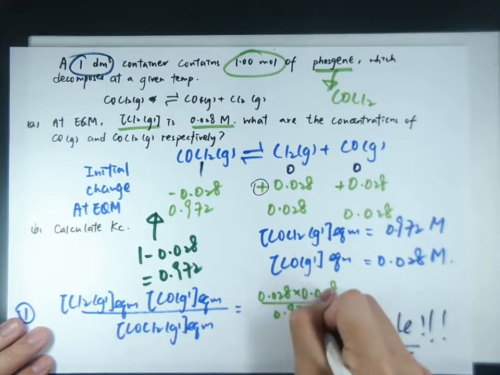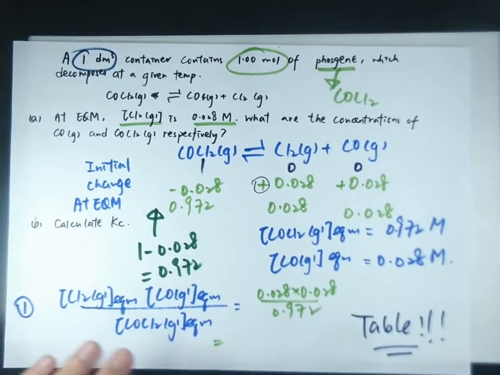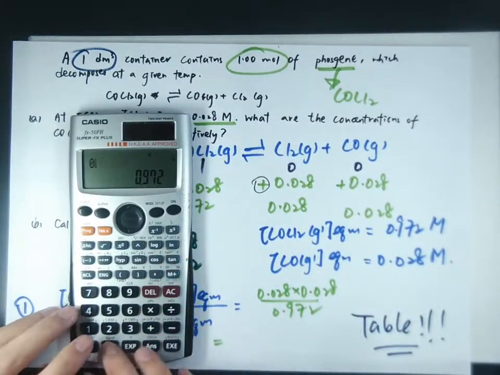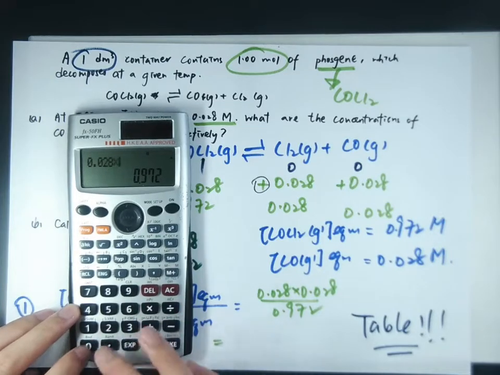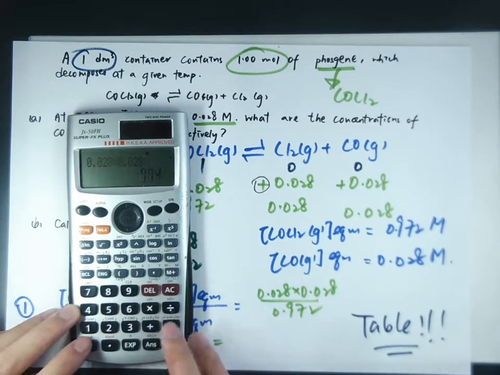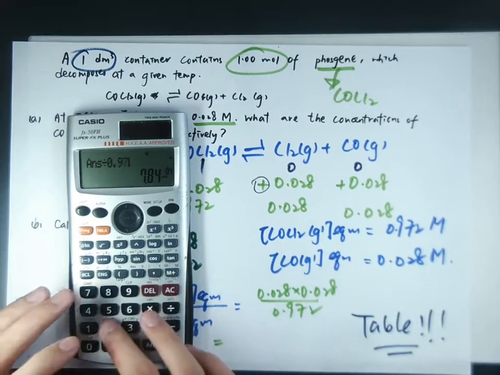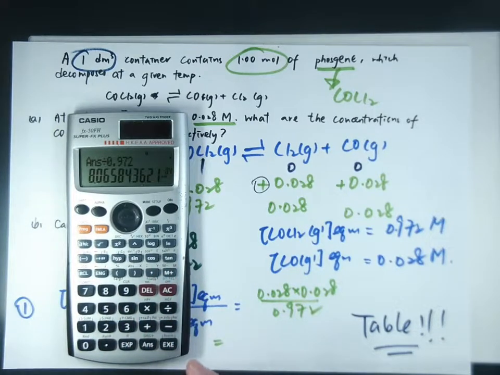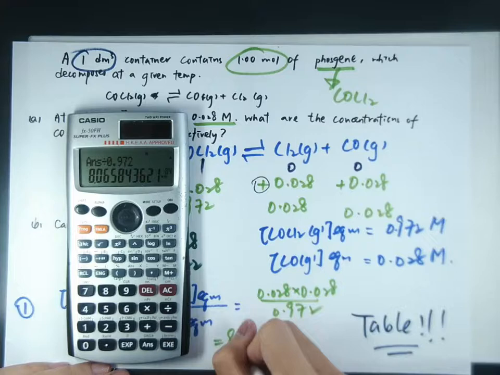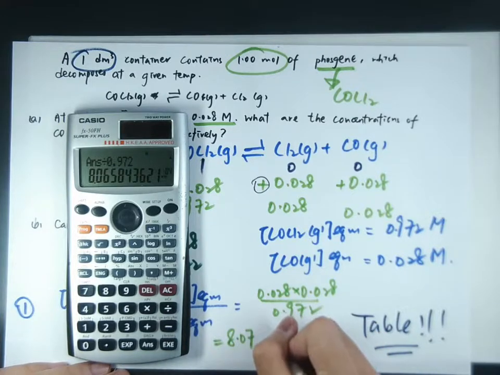So what is the answer? Find it here. 0.028 times 0.028 divided by 0.972, which is equal to 8.07 times 10 to the power negative 4. Now remember the last step.